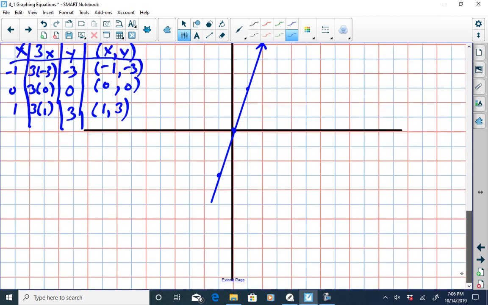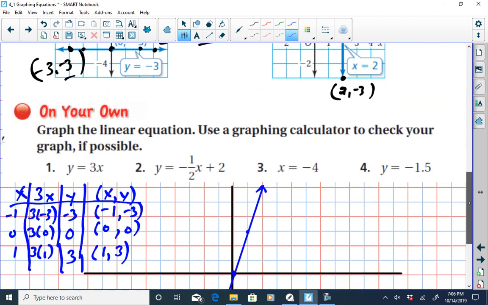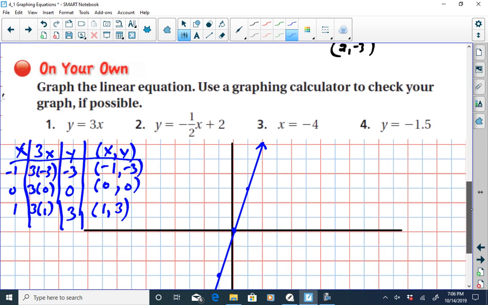So you put an arrow at one end, put an arrow at the other end, just to show that the solution is going forever in both directions. And remember that each one of these points that we graphed represents a solution of that equation, y is equal to 3 times x.